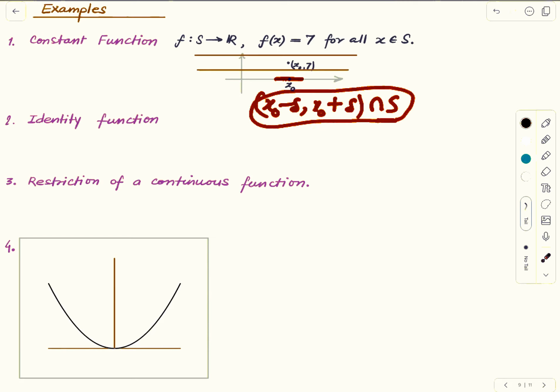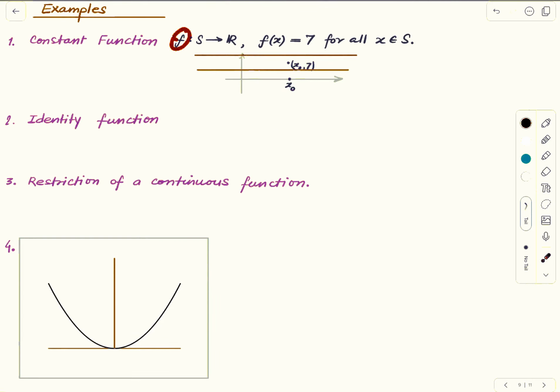It is just the constant. Above every point here, you just mark out the value 7. So it is of course going to be contained in this epsilon band, right? So that's that. It's very, very simple. Constant functions are continuous at all points in the domain, so they are continuous functions.